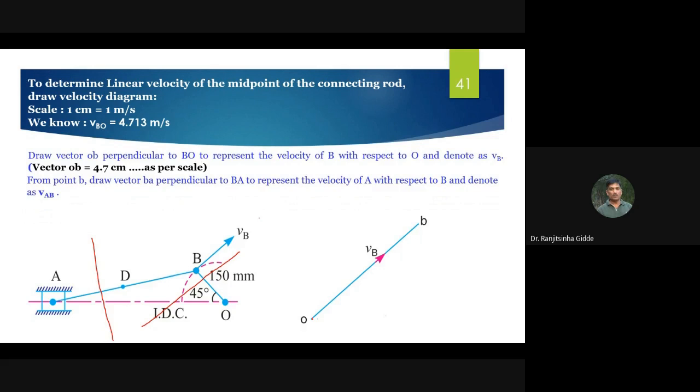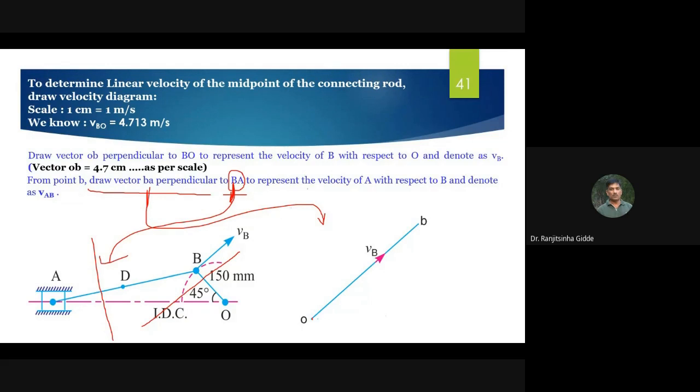You can write from point b, draw vector ba perpendicular to BA. So this one is capital, this one is small. This is related to the velocity diagram, and this is related to the space diagram.